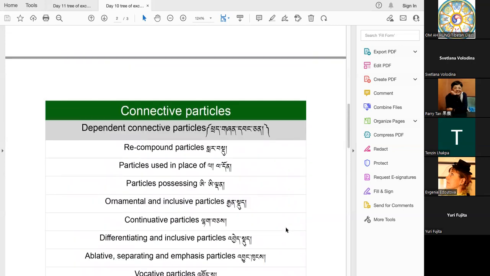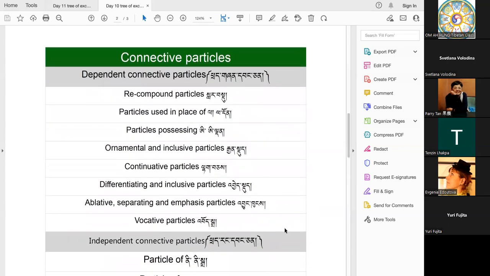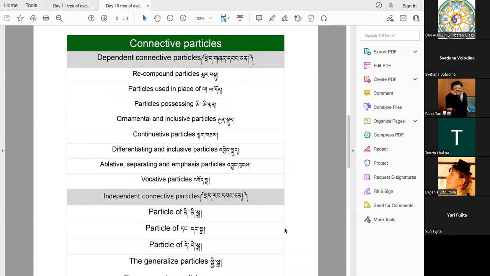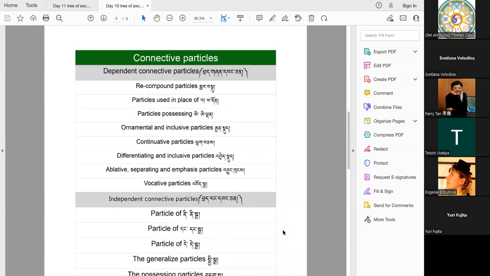Now, the connective particles. We know what the connective particles are. Now, introducing the connective particles.